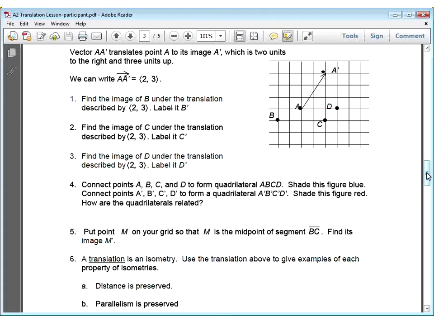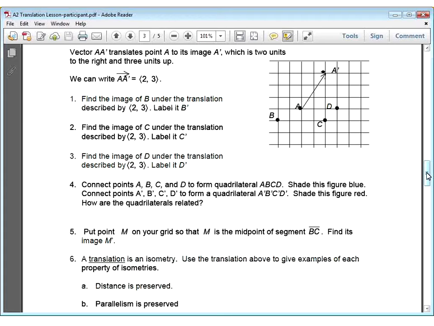So we're going to go over 2, which is which direction, if we're on the coordinate plane? That's the x-axis, and then up 3 would be the y-axis. If I'm going to the right, that would be positive. If I'm going up, that would be positive. So I can also label those points.